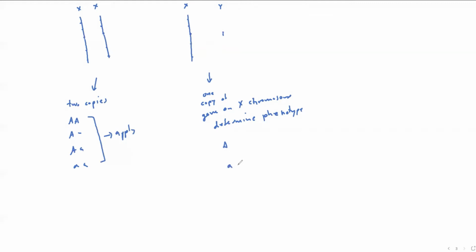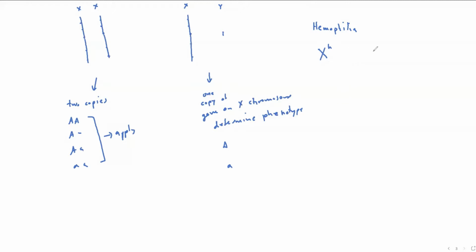So that said, you look at a condition like hemophilia, which would be on the X chromosome. We might represent the gene for hemophilia as an X chromosome with a little h on it, right? So this means you would have a recessive hemophilia gene on the X chromosome.